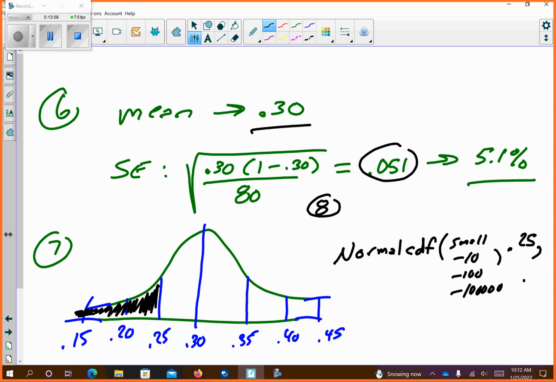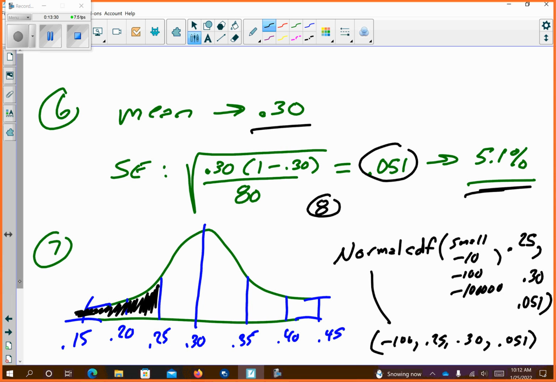And then the 0.30 would be what the mean is. And then the 0.051 is our new standard error. And if you plug that in, of course, that's all. If this was done correctly, -100, 0.25, 0.30, 0.051.